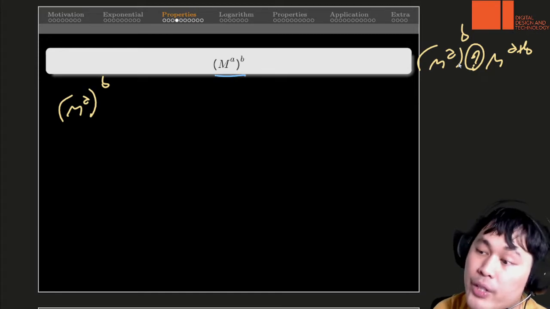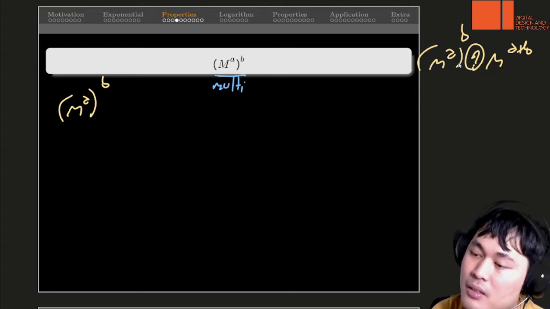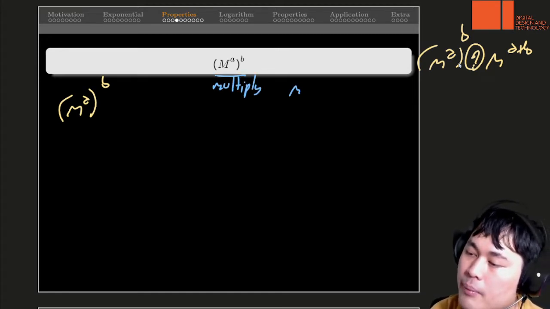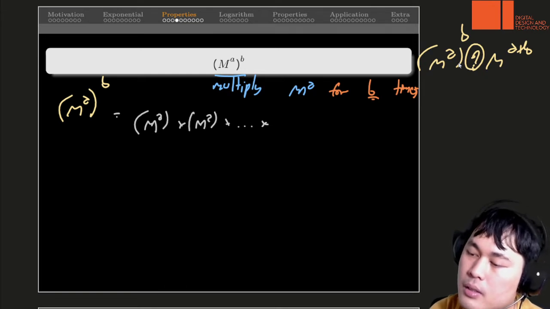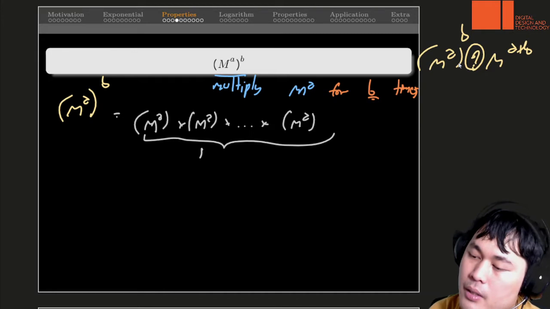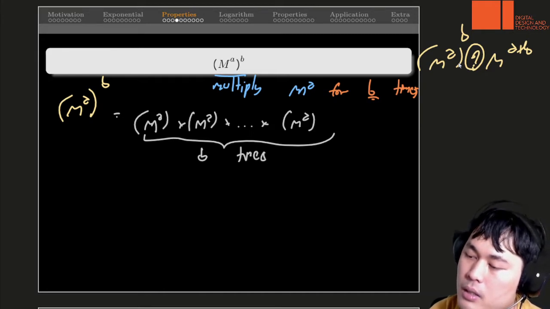Again, if you read it, this means you multiply m to the a, b times. There are b copies of that. So this is the first copy, that's the second copy, and so on and so forth. Then there's a last copy. So there are b copies.